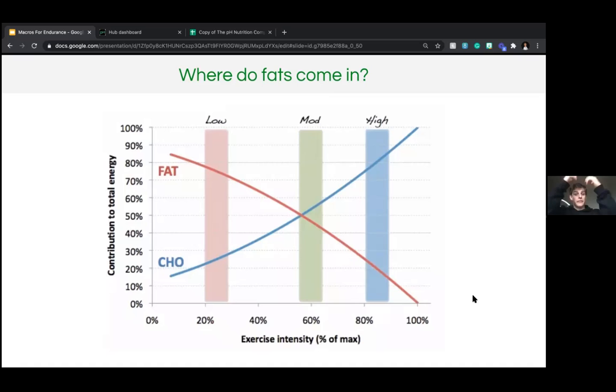Because even if we fall back to the carb recommendations there, even if you're in that 3 to 5 grams, that fat intake can come up. And what you can do is look around training, maybe incorporate some fasted training into your training to improve that fat oxidation as well. So yeah, that's where fats come in.